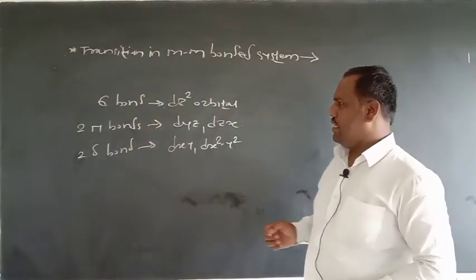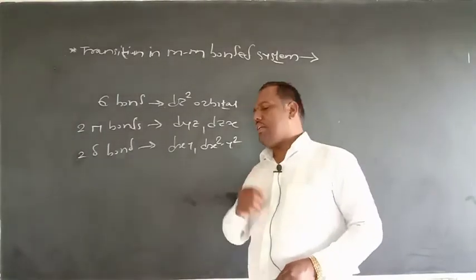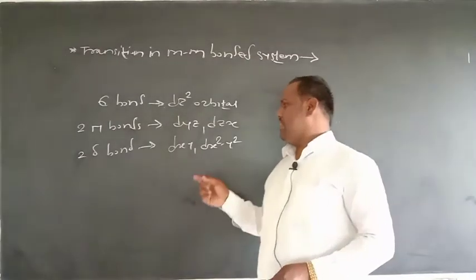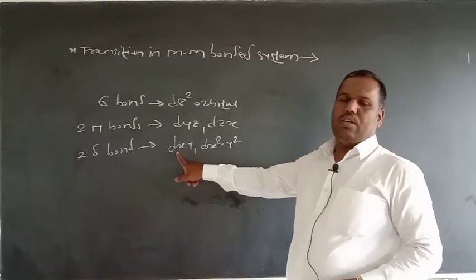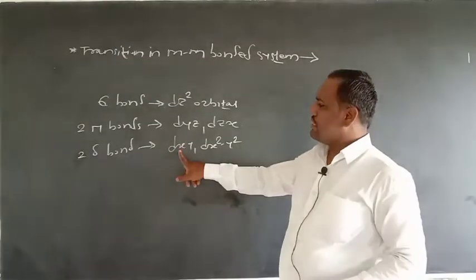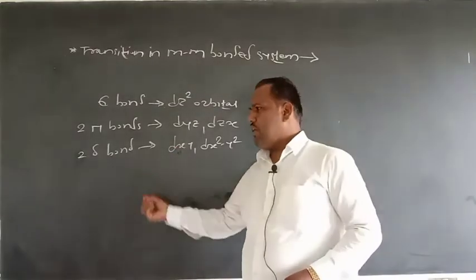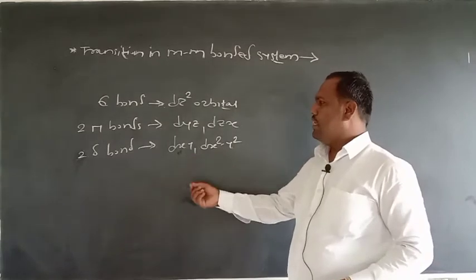In the second case, the dx square minus y square orbital is available for bonding with the ligand which is attached to the metal atom, and therefore only the dxy orbital of each metal atom is involved in metal-metal bonding. So it forms only one delta bond. In the first case both orbitals form delta bonds.